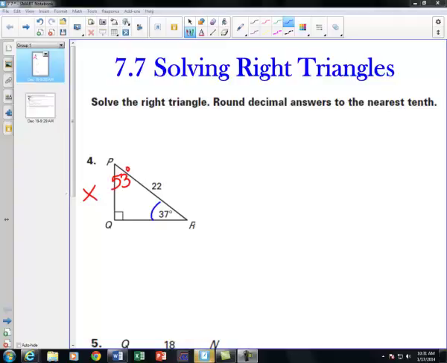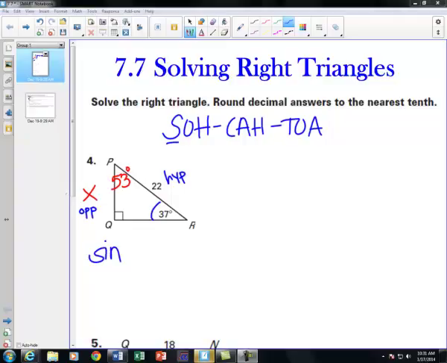And now I have to figure out which trig function I'm going to use to find that side. So looking at my SOHCAHTOA, the side I'm trying to find is my opposite leg. Then across from the 90, that's my hypotenuse. So opposite, hypotenuse, I want to use sine. So sine, angle measure always comes next, of 37 degrees, our reference angle, equals the opposite leg over the hypotenuse.